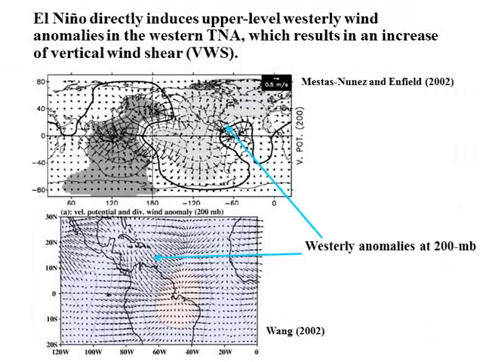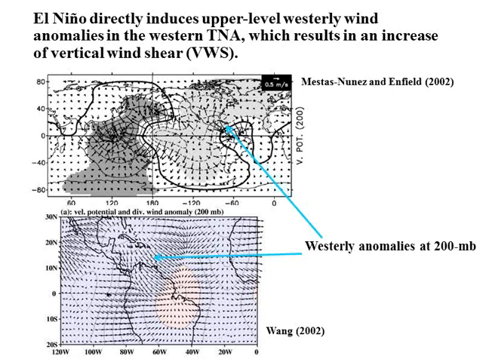This slide shows work from David and his former postdoc, and another paper from me, both published in 2002. What we show here is a composite of velocity potential at 200 millibar and divergent wind. During the ENSO phase, we see a westerly wind anomaly over the tropical North Atlantic Ocean.